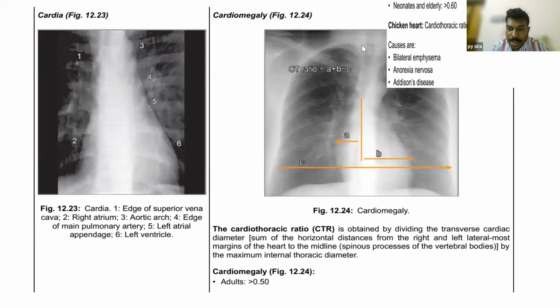If you take this as an X-ray, what you're going to do is draw a line at the center, and you're going to calculate this distance and this distance, A plus B. When compared to C, if it is more than 50%, then it indicates that there is cardiomegaly.